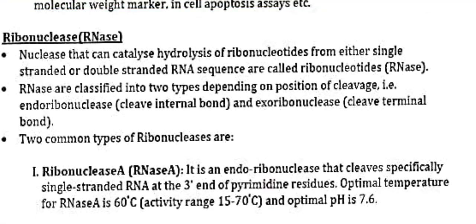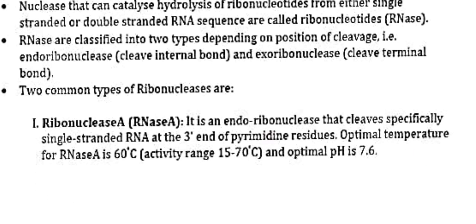Then ribonuclease. Nucleases that can catalyze hydrolysis of ribonucleotides from either single-stranded or double-stranded RNA sequences are called ribonucleases, RNases. RNases are classified into 2 types depending on position of cleavage: endoribonuclease, cleaving internal bonds, and exoribonuclease, cleaving terminal bonds. 2 common types of ribonucleases are ribonuclease A, RNase A. It is an endoribonuclease that cleaves specifically single-stranded RNA at the 3' end of pyrimidine residues.